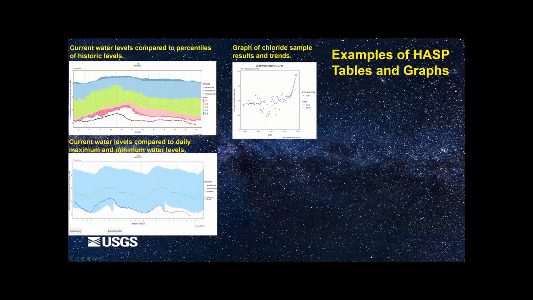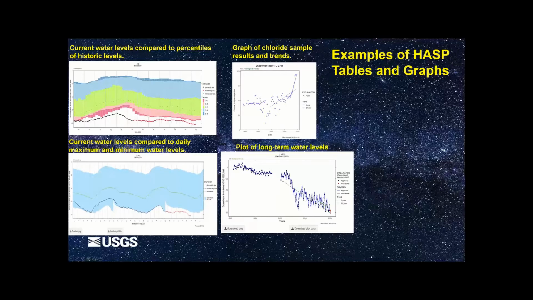You can also see the chloride from this same well and the 20-year trend and the 5-year trend in chlorides. So it was basically not doing a lot, but recently it's started to increase sharply. And so this long-term plot of water levels shows why you're seeing that the current data is well below the percentiles and the minimum and maximum comparison.